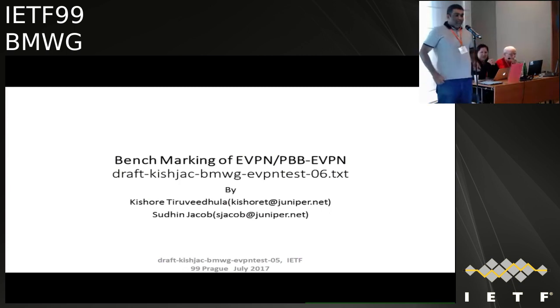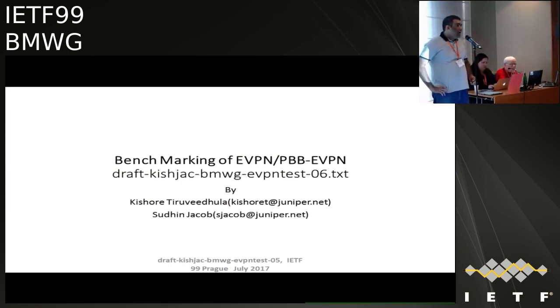Yeah, hi. Good morning, everyone. This is benchmarking on EVPN and PBB EVPN. This is the new RFC which came a year and a half back, RFC 7623. It's now widely deployed in the provider arena.